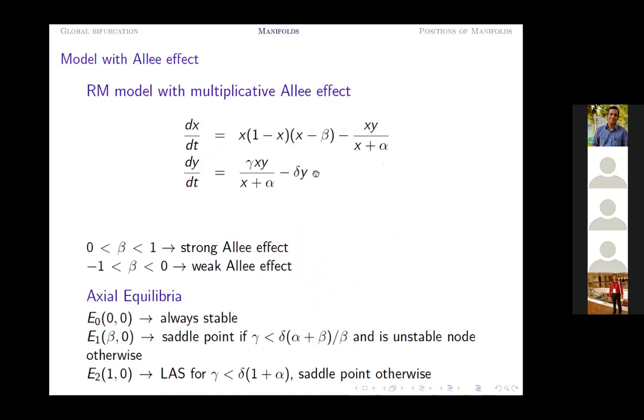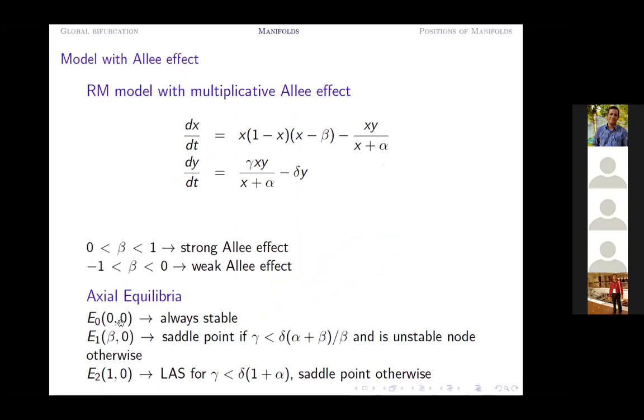Let me come back to the same example. For this problem, just a couple of slides back, I have shown you the heteroclinic cycle. Now I'll give you the explanation of how the change in stability property or some change in the nature of the manifold takes place in order to have the heteroclinic bifurcation.